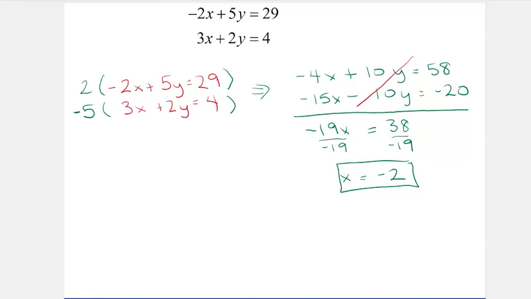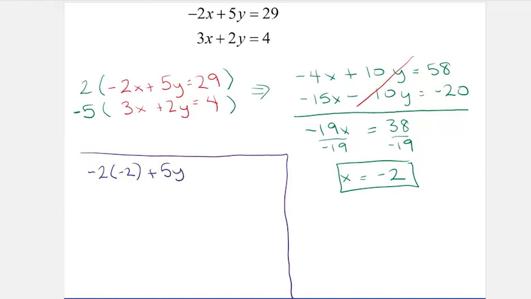And now I have to find my y, so I can pick either equation. I don't remember, I think I picked the bottom one because it was easier. We'll pick the top one this time. Let's put in this little box here. So I have x equals negative 2. So I have negative 2 times negative 2 plus 5y is equal to 29.